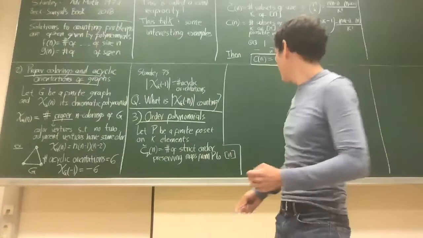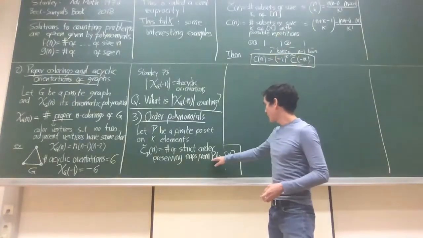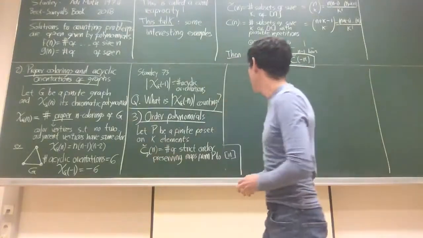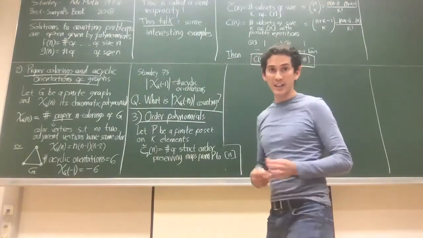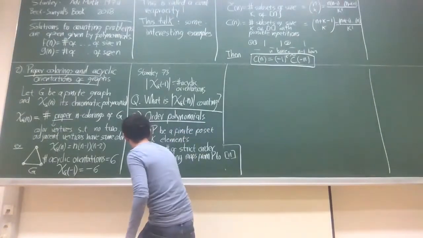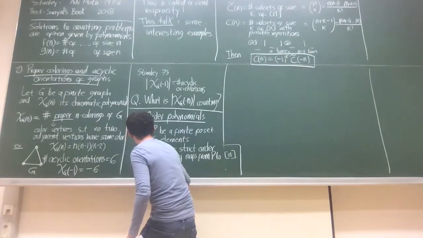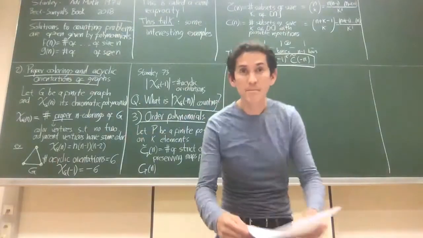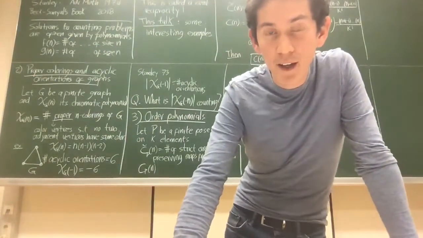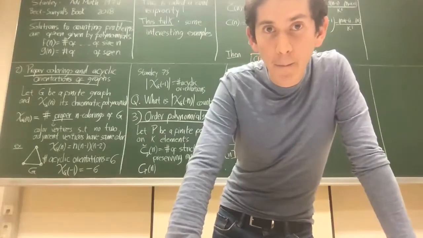So I want maps from P to n, so the numbers are from 1 up to n, that preserve order in a strict way. If k equals n, question. If k equals n, is this the same as the number of linear extensions? No. Okay.